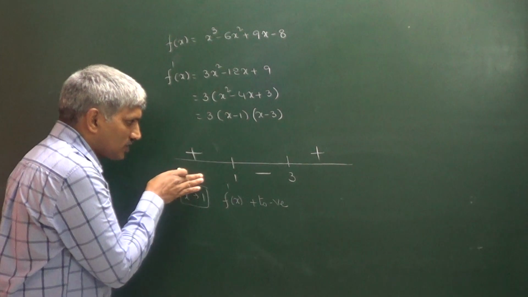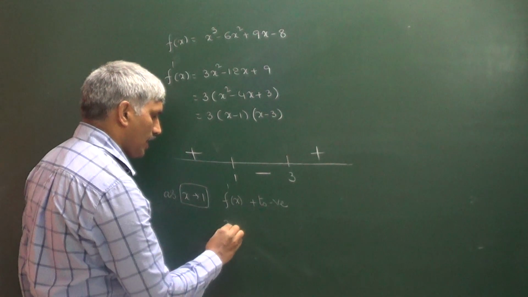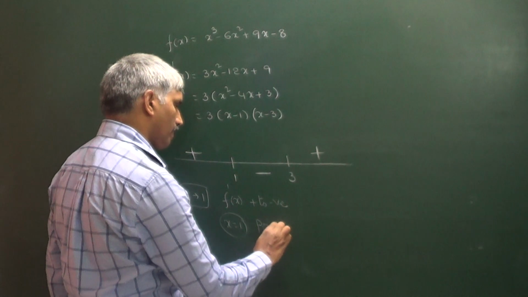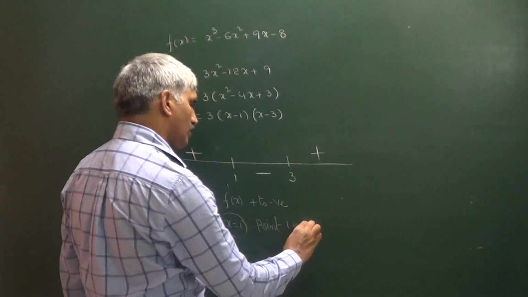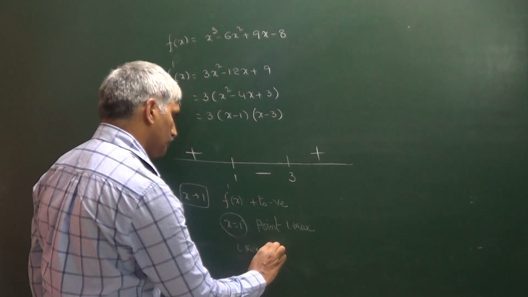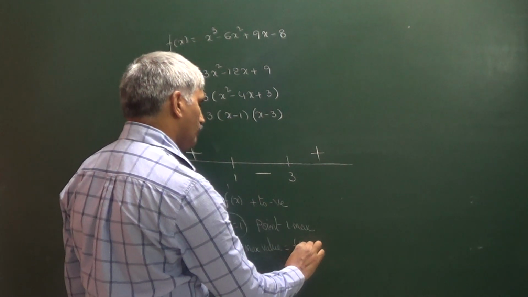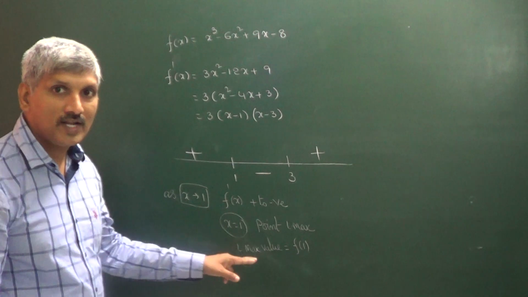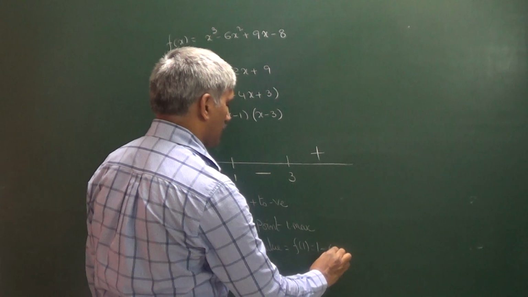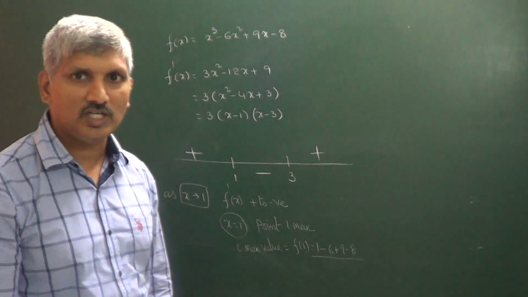Therefore, x equals 1 is a point of local maxima. Therefore, the local maximum value is equal to f of 1. We substitute 1 in the given function, so that is 1 minus 6 plus 9 minus 8. That is the local maximum value of the function.